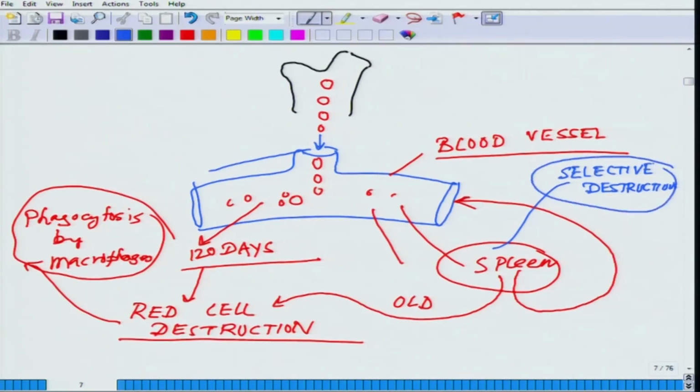Okay. So, this is kind of a scanner, where if the blood cells are older, then they are sent for the red blood cell destruction process, and if they still have the possibility that they can carry on the whole process, then they are sent back to the blood vessel.